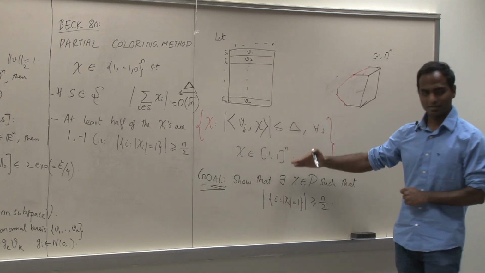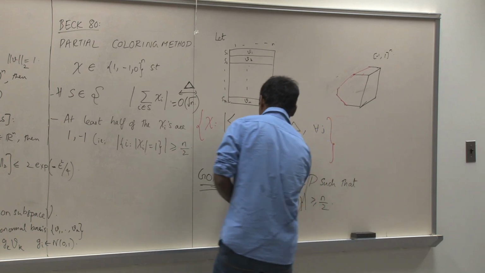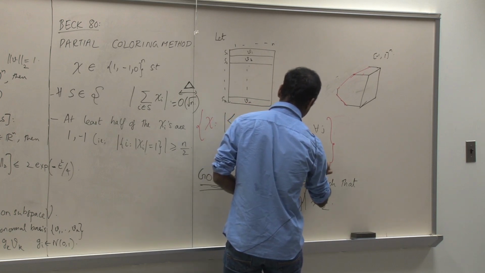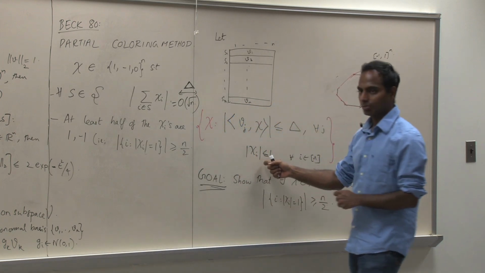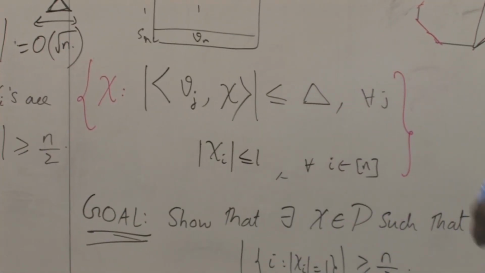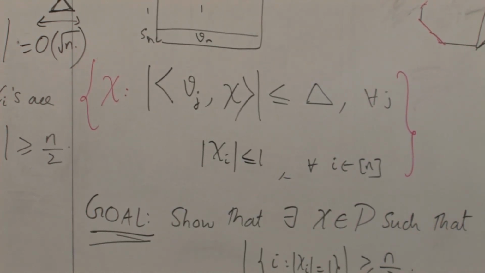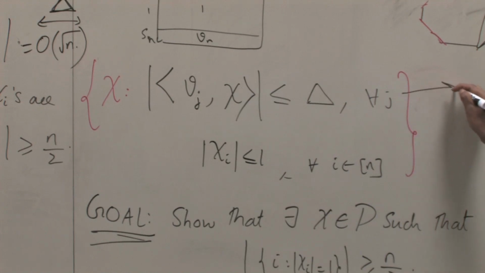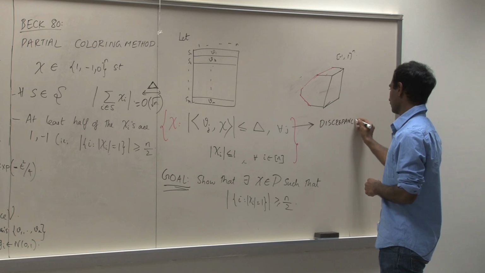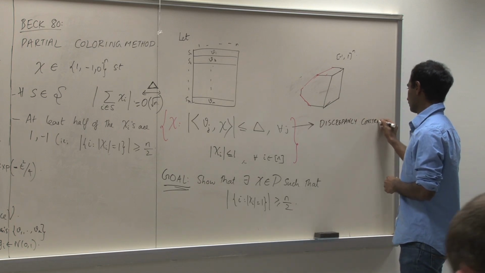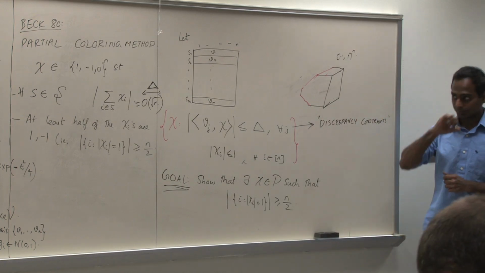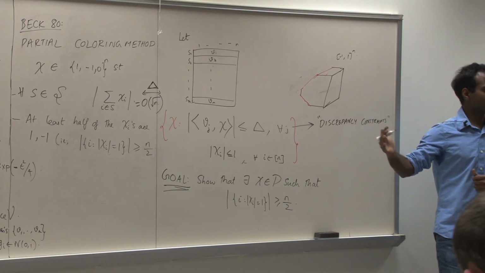So there are two kinds of constraints here. Each coordinate should be between 1 and minus 1, and each inner product should be at most this value. So these are the two sets of constraints which define my polytope P. Let's call the first set of constraints discrepancy constraints, because they are coming from the condition that the set system should have small discrepancy.